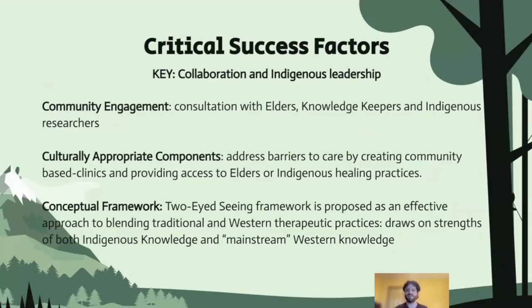This helps address barriers to care, for instance, by creating community-based clinics and providing access to elder or Indigenous healing practices. There was something brought up called the two-eyed seeing framework, which was proposed as an effective approach to help blend traditional and Western therapeutic practices by drawing strength on both the Indigenous knowledge and the Western knowledge.